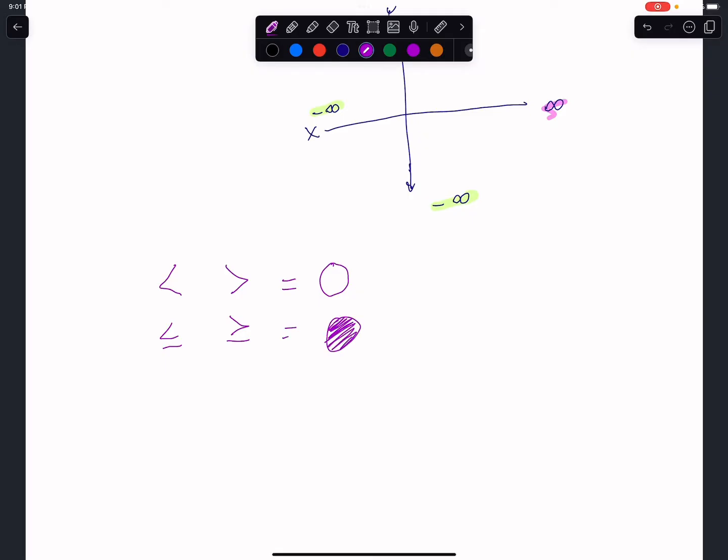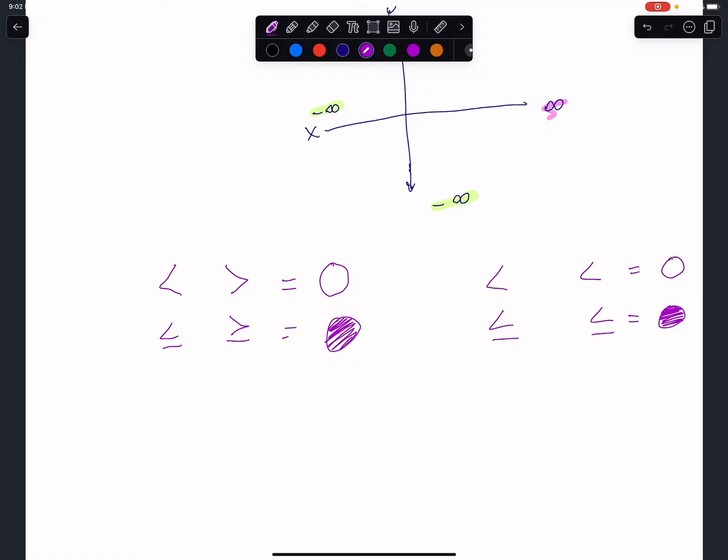In inequalities, or when you're doing domain and range, it could be this way, it could be like this, and any combination of those two. Anytime you have the line under it, it's going to be a closed circle, and anytime you have it without the line under it, it's going to be an open circle.